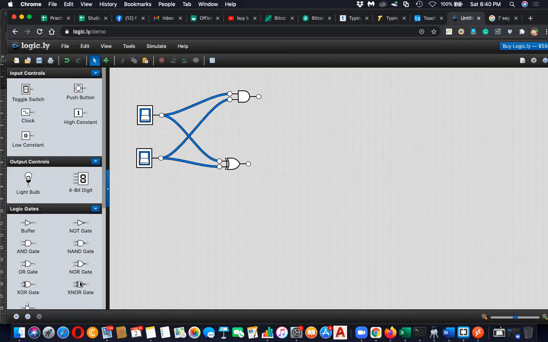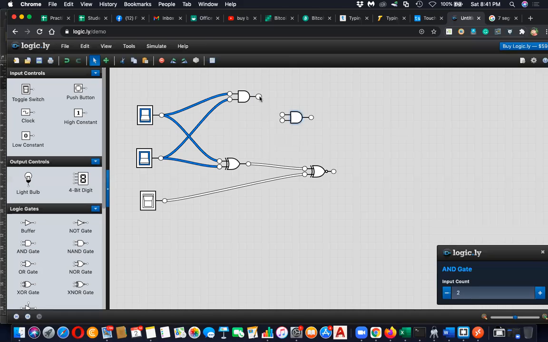Okay, let's create another half adder, another XOR gate. And this XOR gate will take this input as well as the third input. It is this one. And another AND gate.